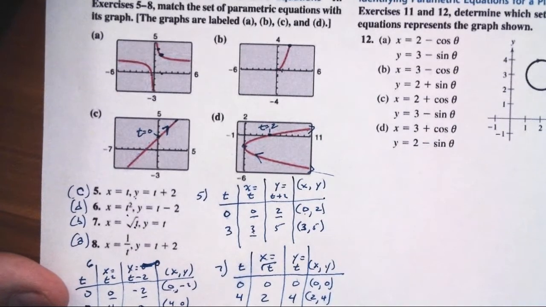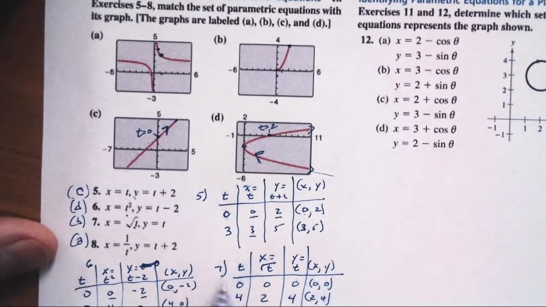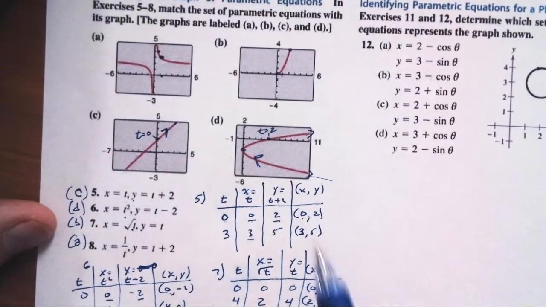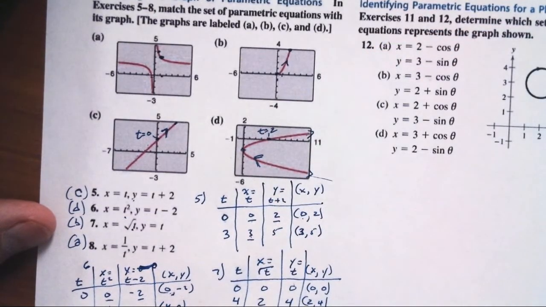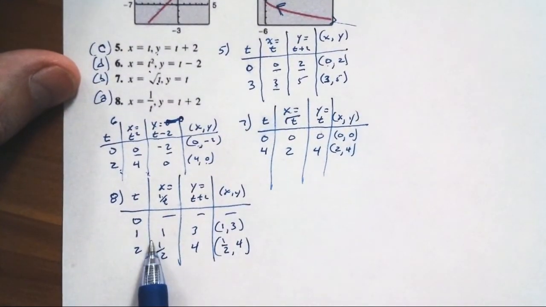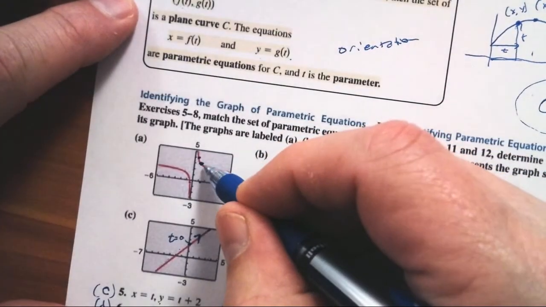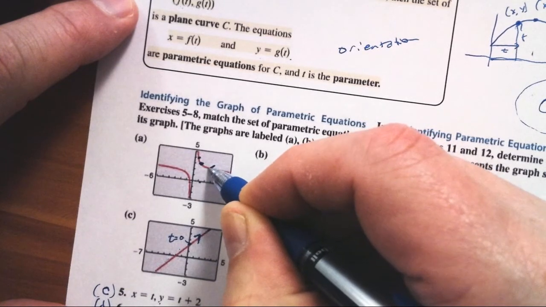You're just giving the reader some information, but we definitely need some orientation. 7 we decided is graph B. We went from 0, 0 to here. The graph is oriented that direction. And number 8, the first point we found was 1, 1. The next one we found was this way. Our orientation is that direction.